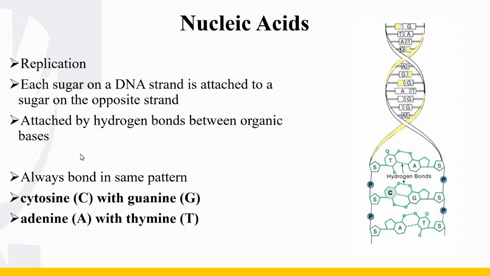So when we have replication, we have these different combinations and these different bonds. And so for this, here you can see that we have cytosine and guanine, and C always bonds with G. And that we have adenine and thymine. And so A always bonds with T. And so here we have our double helix, our DNA, that is always going to bind this way.